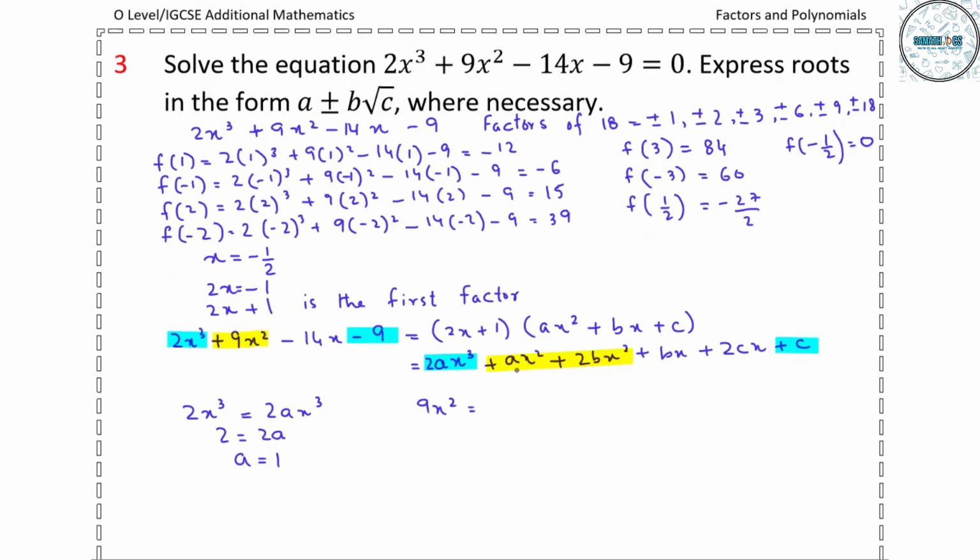We can substitute the value of a as 1, so 8x squared is equal to 2bx squared. So we can equate 8 to 2b. So b is equal to 4. c is equal to minus 9.